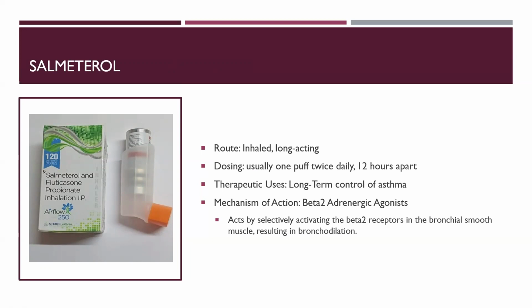It acts by selectively activating the beta-2 receptors in the bronchial smooth muscle, which results in bronchodilation. So the goal of this one is to basically keep the bronchus a little bit open every day. Most of them are combinations, like salmeterol and fluticasone. Whenever you see that sone, that means it's a steroid. So this inhaler is going to cause the bronchus to open and then give that steroid dose simultaneously.